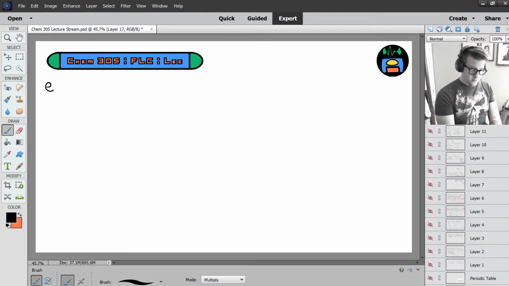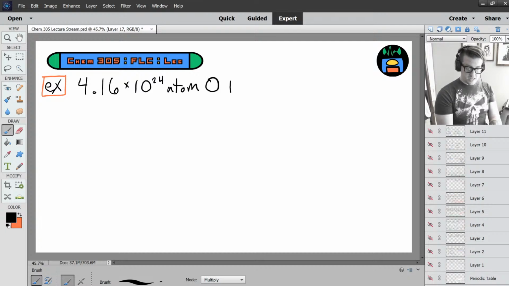Conversely, we could move in the opposite direction. I could give you a number of atoms, 4.16 times 10 to the 24th atoms of oxygen, and I could ask you what the mass is in grams.